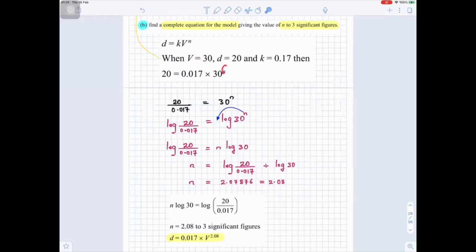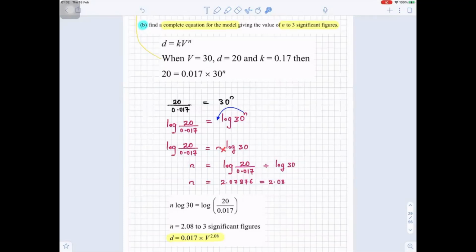We want to solve it to find n. So we take 0.017 to the left, it becomes divide. So 20 divided by 0.017 is equal to 30^n. We put logs in front of both sides. Power to the front, the n comes to the front. So log (20 / 0.017) = n log 30.